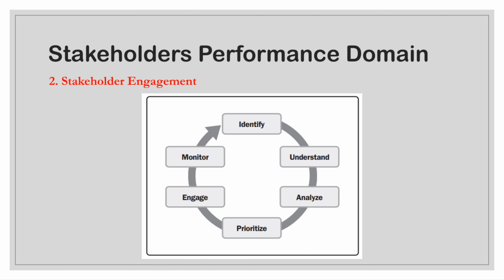Once stakeholders are identified, the project manager and the project team should seek to understand stakeholders' feelings, emotions, beliefs, and values. It is common to focus on stakeholders with the most power and interest as one way to prioritize engagement.